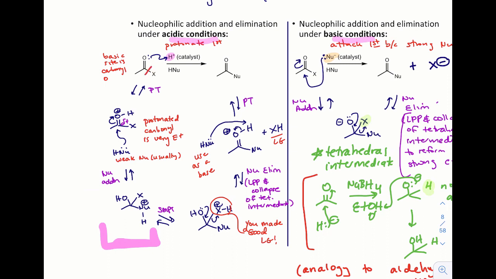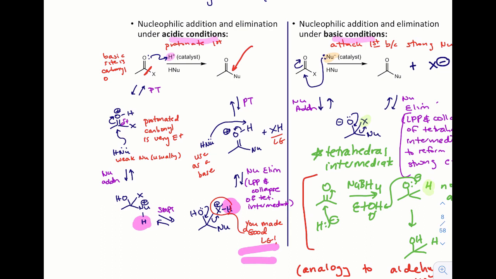We know that the carbonyl-carbon X bond must be broken to yield the product. We've already made the carbonyl-carbon nucleophile bond in the nucleophile addition step. To break the carbonyl-carbon X bond, we must make X a good leaving group. So the proton is transferred from the nucleophile to X, generating HX, which is a good leaving group.